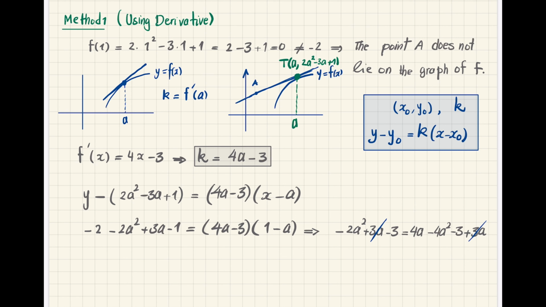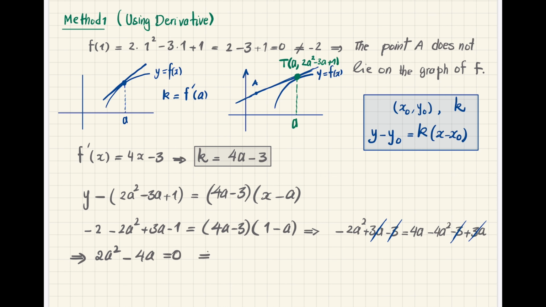This will cancel that one. If I move minus 3 to the left, it will cancel that one. So I move minus 4a squared to the right, it becomes positive 4a squared, and then negative 2a squared becomes positive 2a squared. And then finally I move 4a to the left, it becomes minus 4a equals 0.